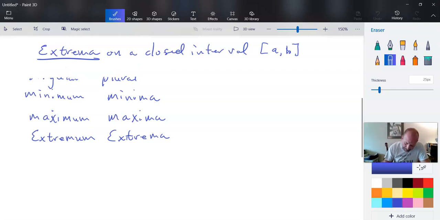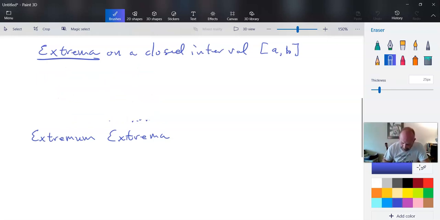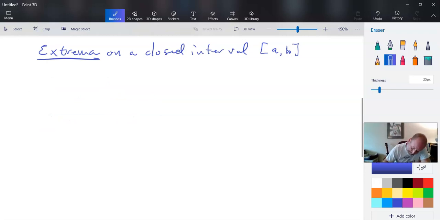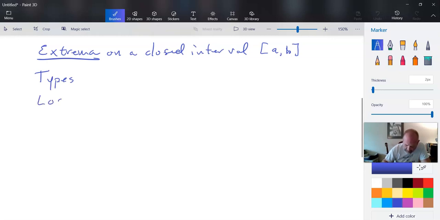Okay. Now, there are two types of extrema. You have local, or sometimes your book tends to call them relative.